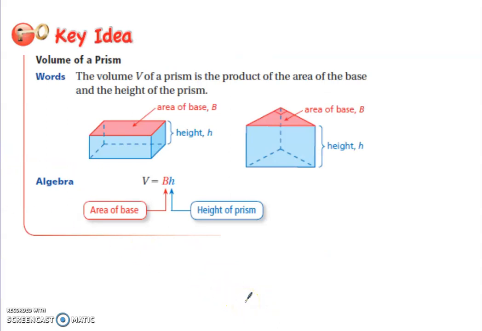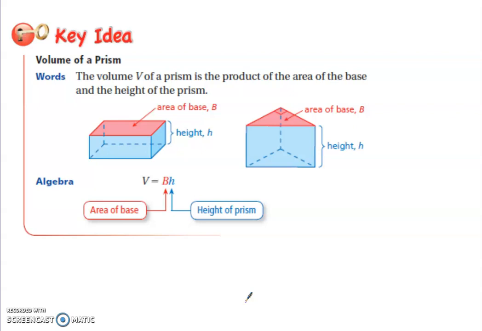It says the volume of a prism. Now, we've been covering surface area, and surface area is the area around the outside of a figure, or all of the areas of the figure combined together. Now we're changing gears into volume. And if I were with you in person, I would show you the difference between volume and surface area with actual shapes.